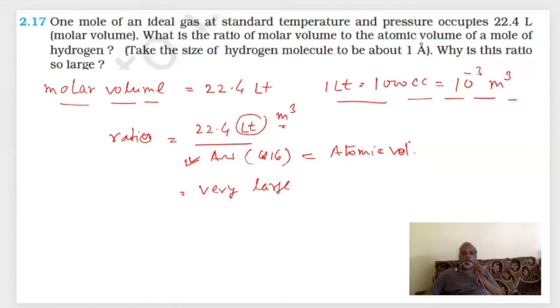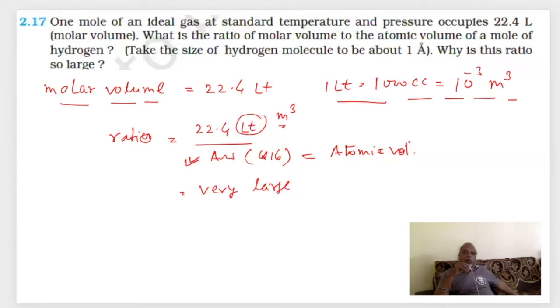We took the size of the hydrogen, found the volume of one atom, and then multiplied by Avogadro's number, that is the total number of atoms, and found the total atomic volume. But the total atomic volume will be very less in comparison to the molar volume.